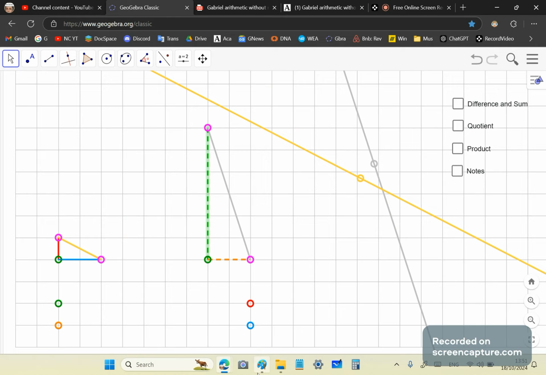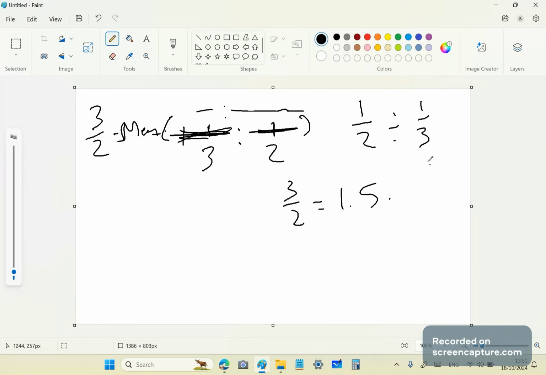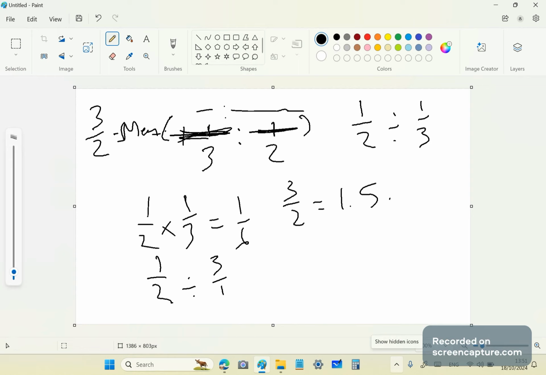And of course, that's correct, because if you look at the algebra, 1/2 times 1/3 is 1/6, because it's the same as 1/2 divided by 3 over 1, in which case you would follow the same process as you did for division. And that's pretty much it.